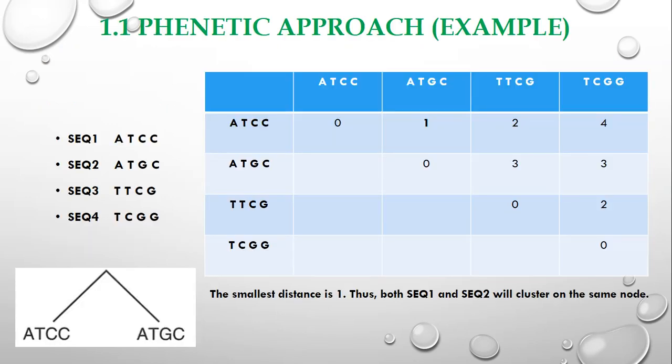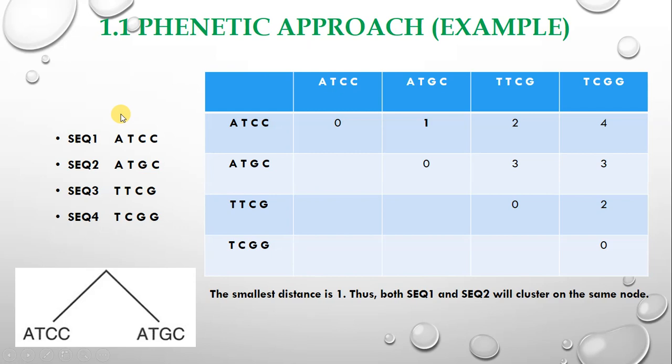So consider you have 4 sequences in your data: sequence 1, sequence 2, sequence 3, sequence 4. Consider you want to generate a phylogenetic tree, and you have selected a distance-based method or phenetic method.